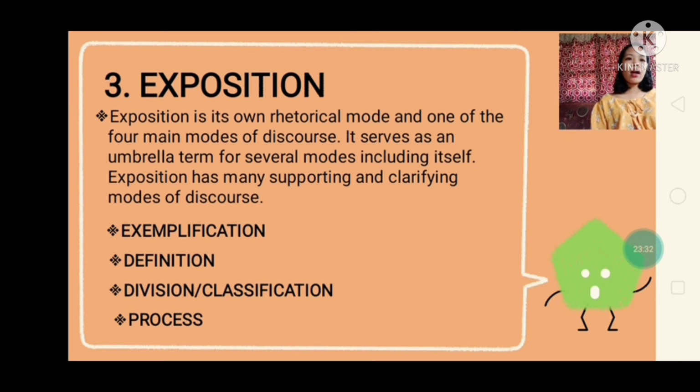And lastly, process. So process explains how something is done. From the word itself, process, step by step, ano bang dapat gawin? Parang okay, let's start with this. Okay, let's start with a theme. What should be my theme in how I am going to write a story or an essay? So, at times, a whole essay can be written explaining how something is done or accomplished.